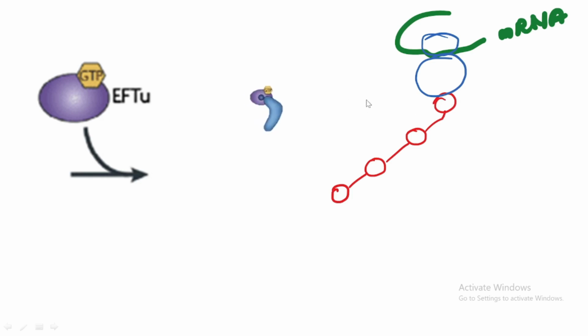So that tRNA binds to a specific site in this ribosome. Regarding that, I will explain to you later. After it binds to that specific site, the amino acid leaves the tRNA and is added to the growing polypeptide chain, and after that, the tRNA is released from the ribosome to begin another round of the same process.